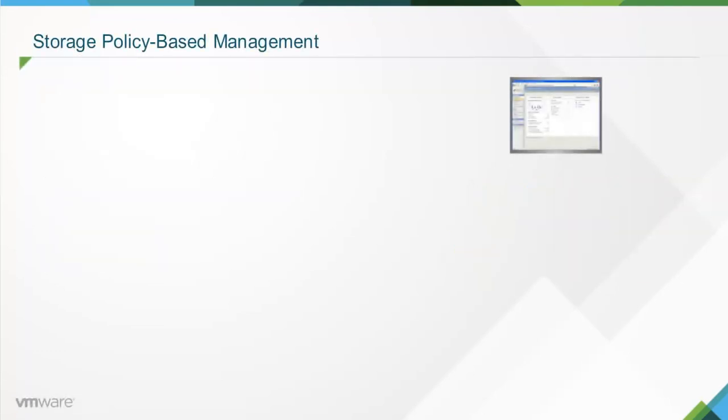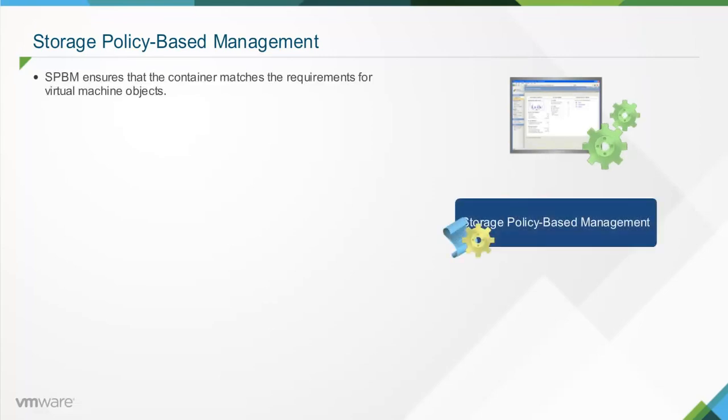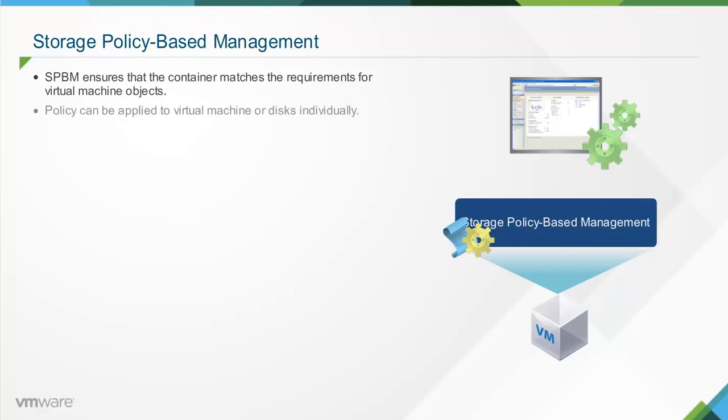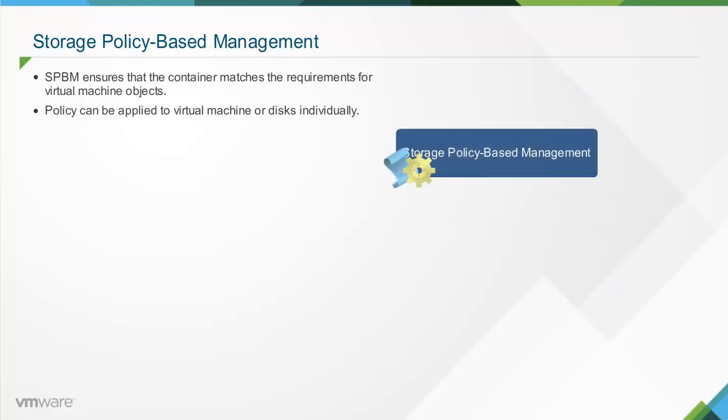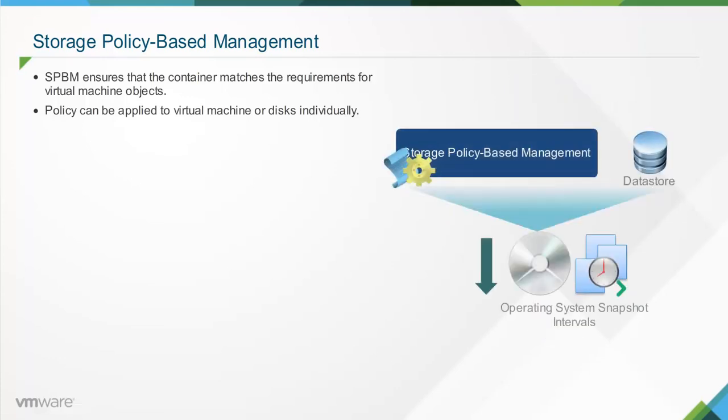When you have an application deployed with the required service levels, Storage Policy-Based Management, or SPBM, can be applied to ensure the container can match those requirements for those virtual machine objects. You can apply the policy either to the virtual machine or to the disks individually. Proper use of SPBM and data stores can decrease operating system snapshot intervals.